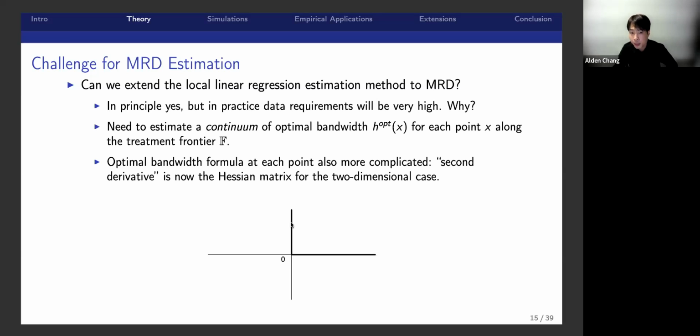If I really want to use single dimensional methods to estimate the treatment effects at this point, I will use a slice of the data, basically imagine two horizontal lines that bracket this point. I'll use only observations in that thin slice to estimate a single dimensional RD, and the treatment effect using that thin slice of data will approximate the treatment effect of interest.